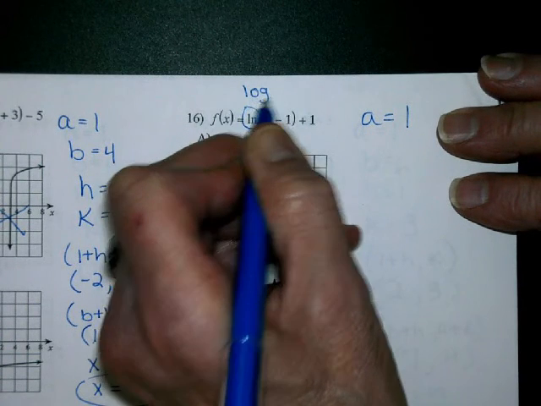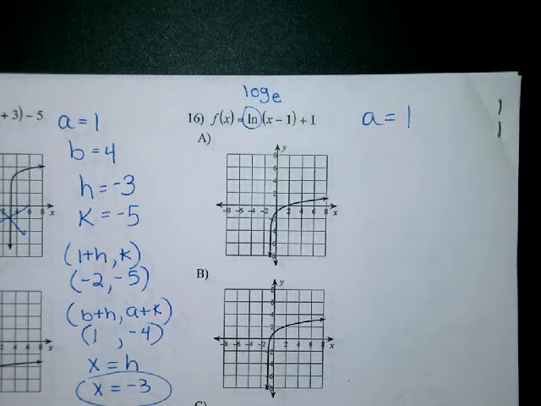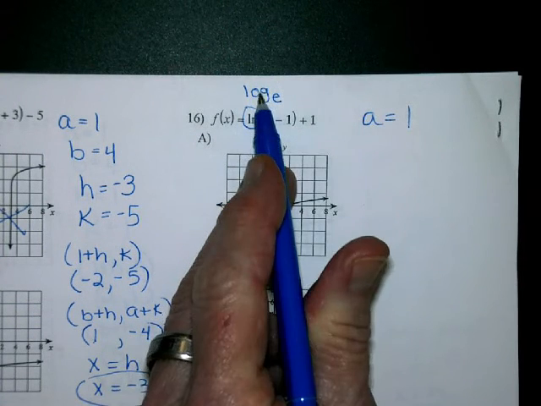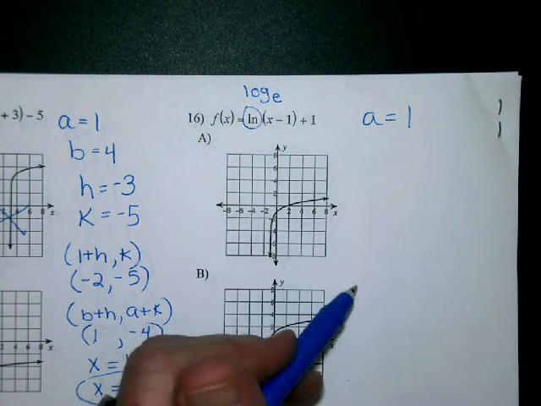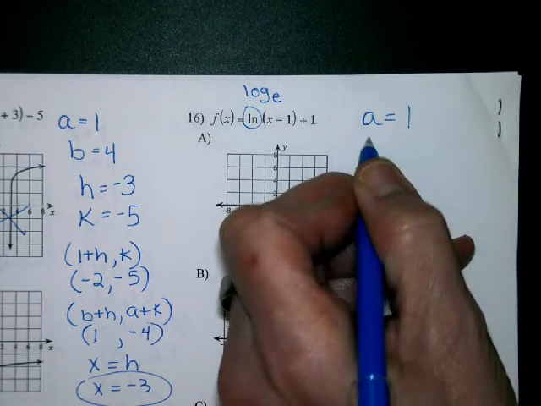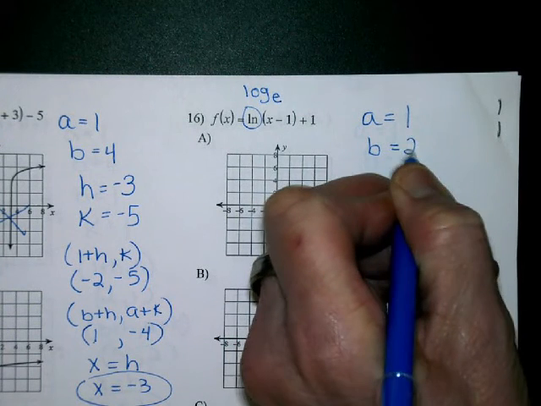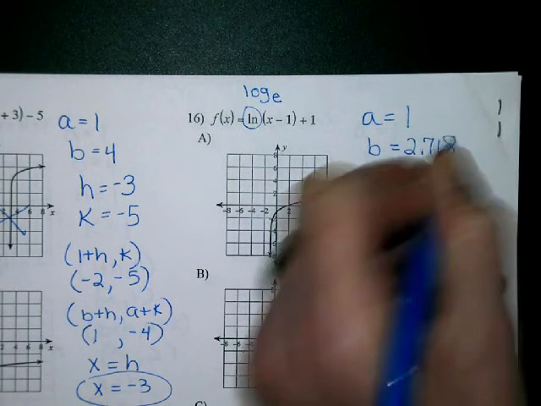A is still 1. But remember this ln symbol is another way of saying it's log base E. So in the calculator, instead of having a log base E button, they tag it with ln.